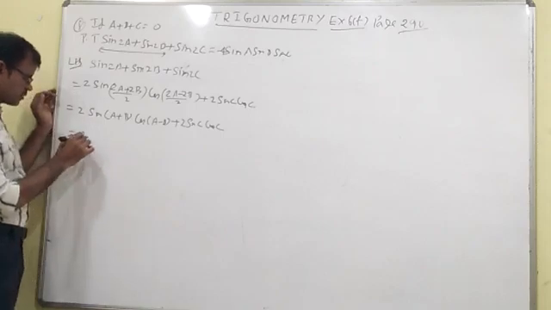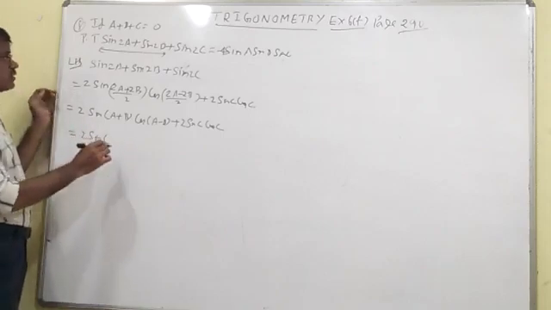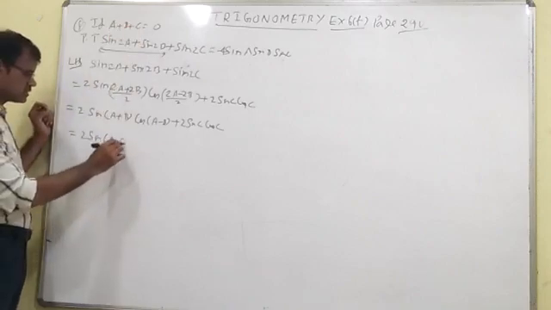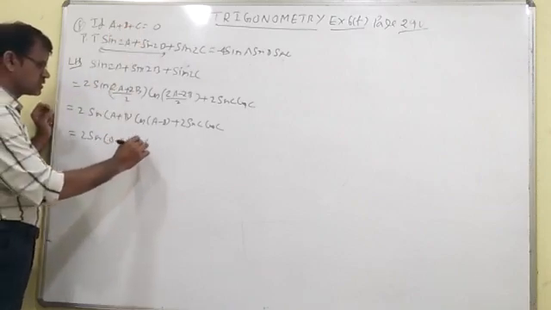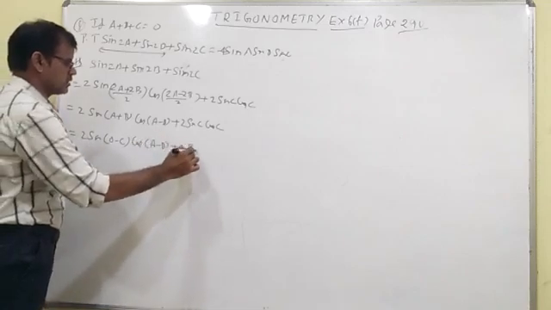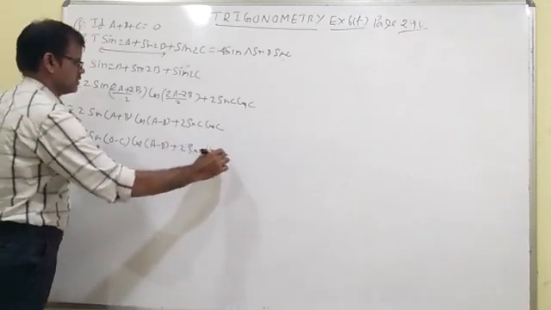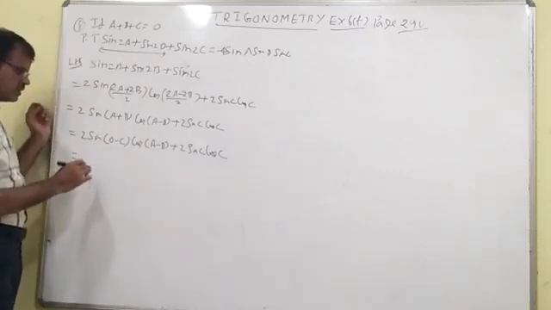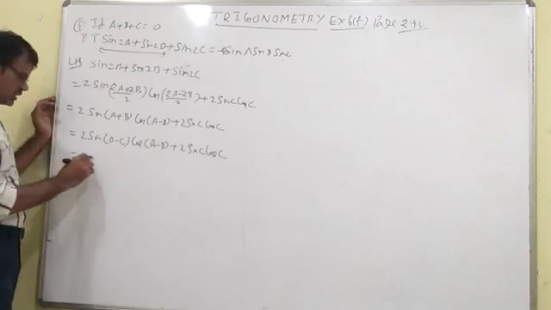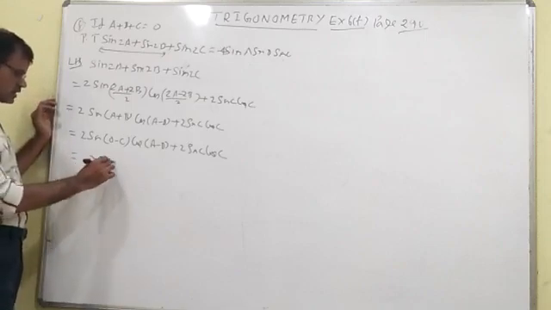That is equal to 2 sin of, instead of a plus b, you can apply here 0 minus c, into cos of a minus b plus 2 sin c cos c. That is equal to sin of 0 minus c, meaning minus sign. Sin of minus theta formula is minus sin theta.